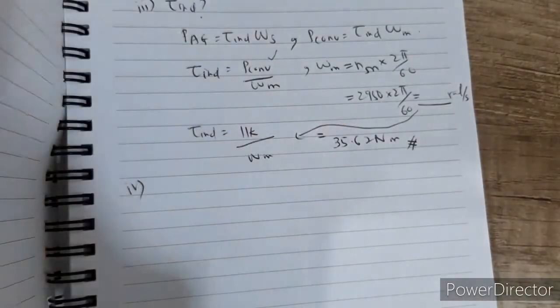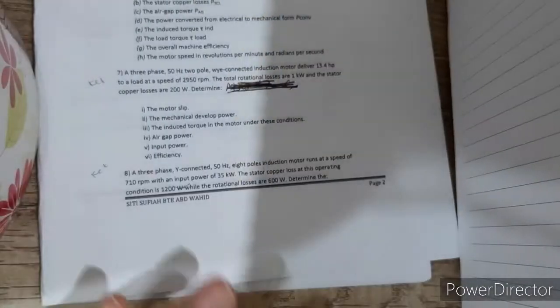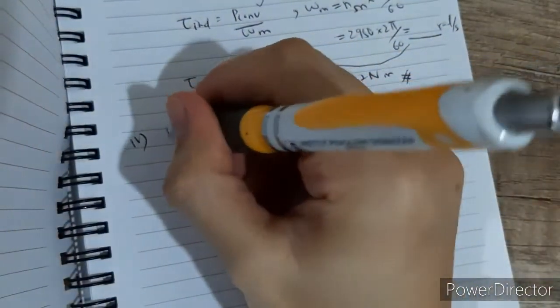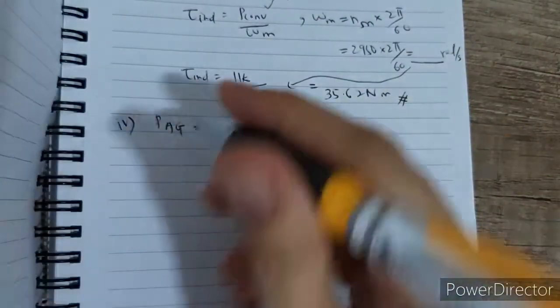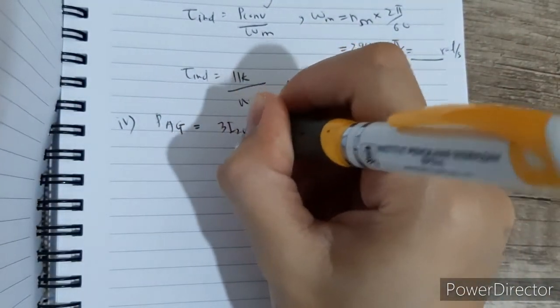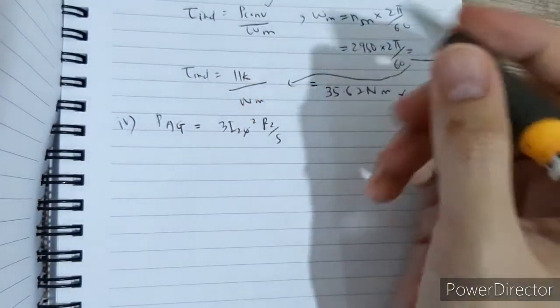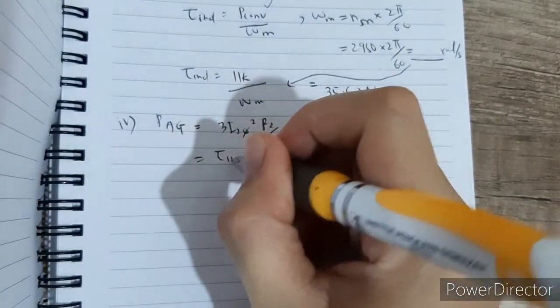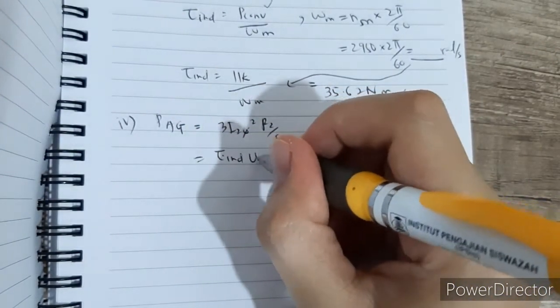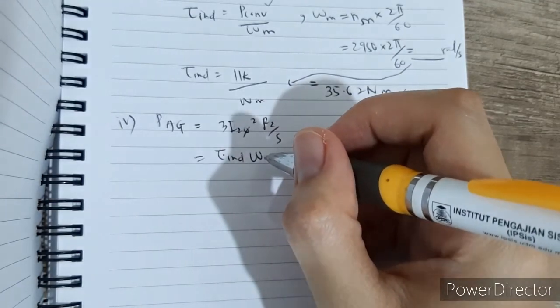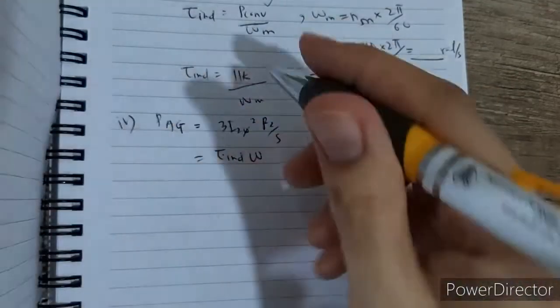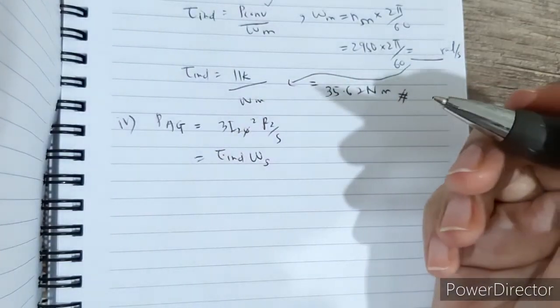Number 4 is the air gap power, P air gap. What's the formula for P air gap? Number 1, 3 I2 phase squared R2 over S. Number 2, induced torque times omega s.